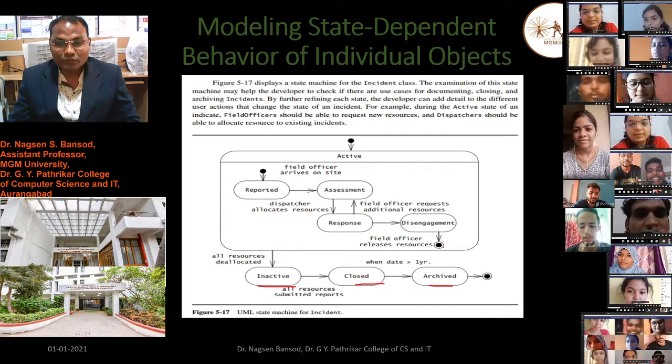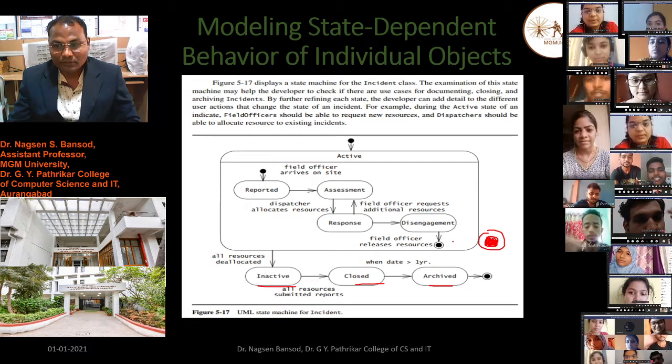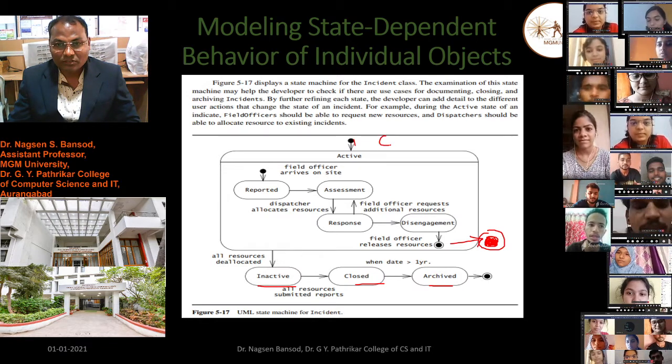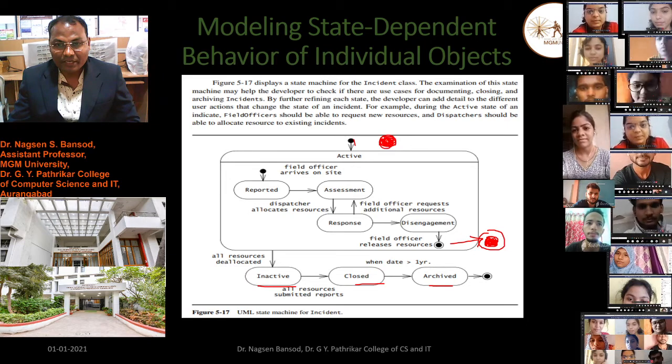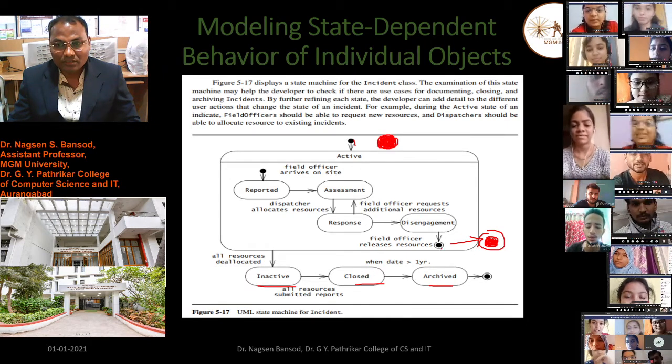And here is the stop circle, a dark circle. This is the stop state, this is the start state. The dark circle is where the state machine diagram starts. This is the starting point and this is the ending point.